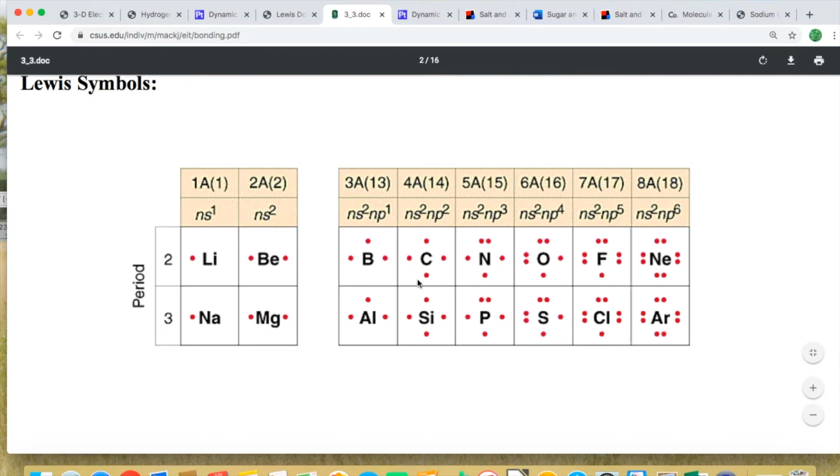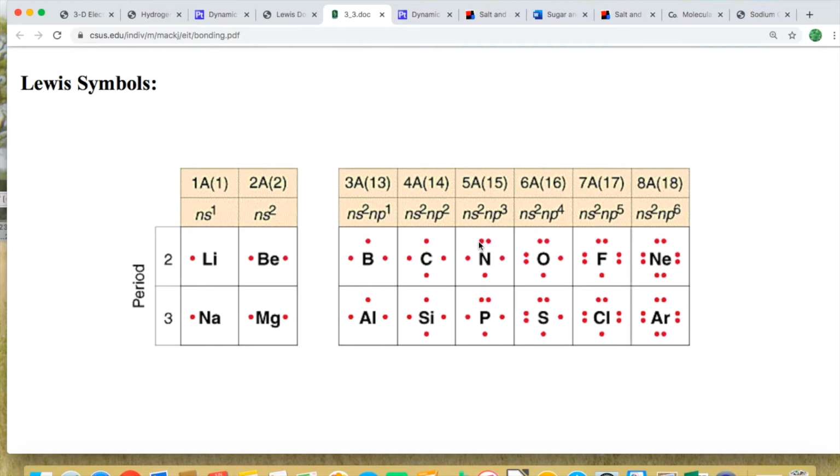By the time we get to carbon, we're still doing that, but look at nitrogen. A dot has been added, then you move 90 degrees, add a dot. Move 90 degrees, add a dot. Move 90 degrees, add a dot, and then repeat again. Now, one of these sides of the square is full of electrons. They are paired. This is an electron pair.